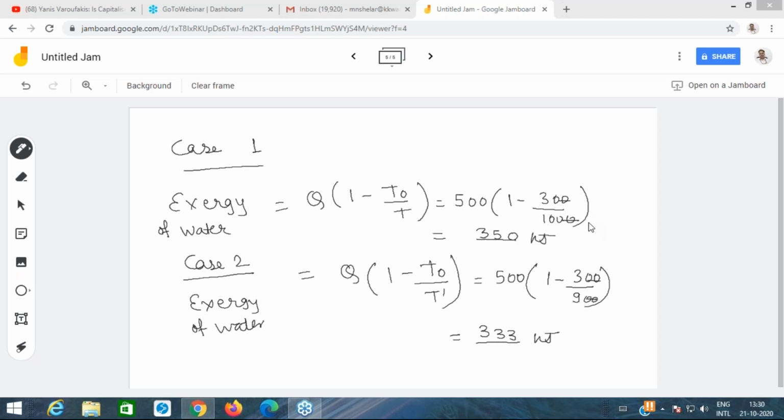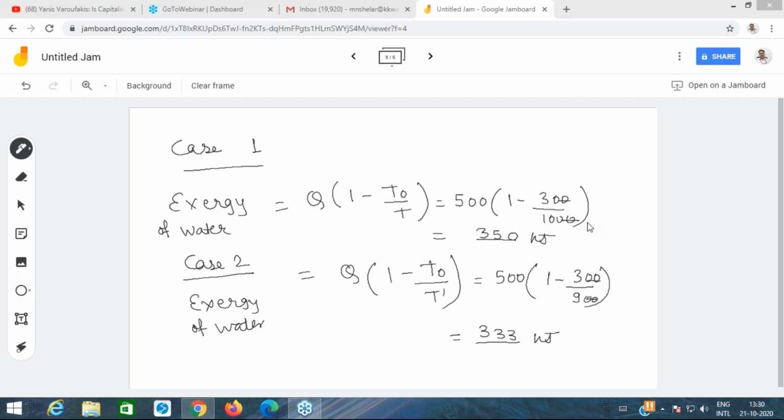In case 1, you see that the working fluid, that is water in our case, and the source are at the same temperature. So case 1 is a case of reversible heat transfer, whereas case 2 is a case of irreversible heat transfer.